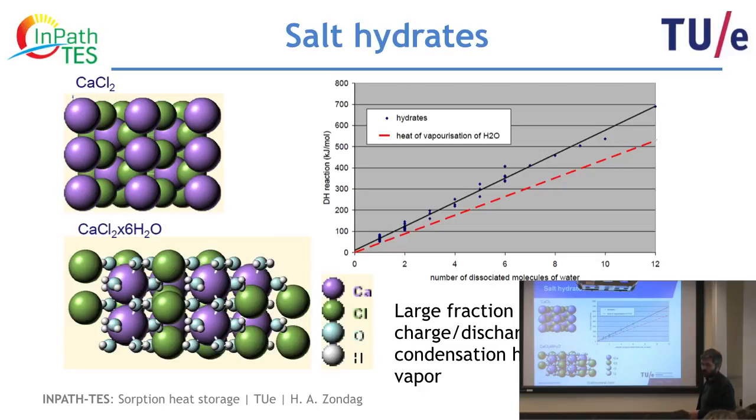So there is a clear reason why in these absorption storage systems you want to work with vapors instead of liquids, because if you work with vapor adhering to it, you get a much larger energy density than if you would pour a liquid over the solid.